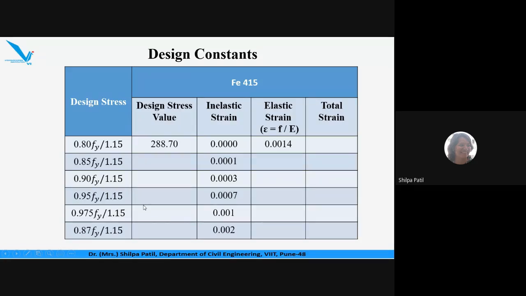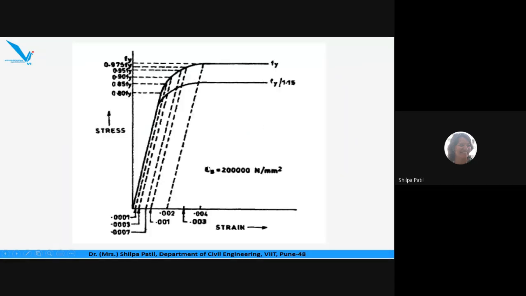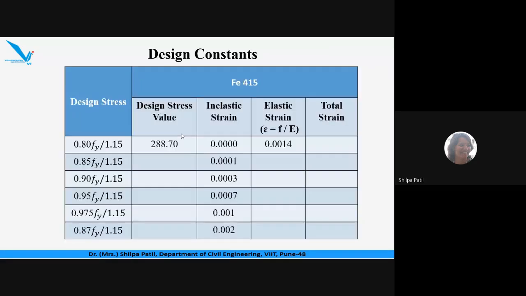Okay. So you have to constantly refer to this curve from IS 456. Everybody has to open this particular graph from IS 456 right now. You have to constantly look into the graph; only then will you understand how we are doing the calculations.